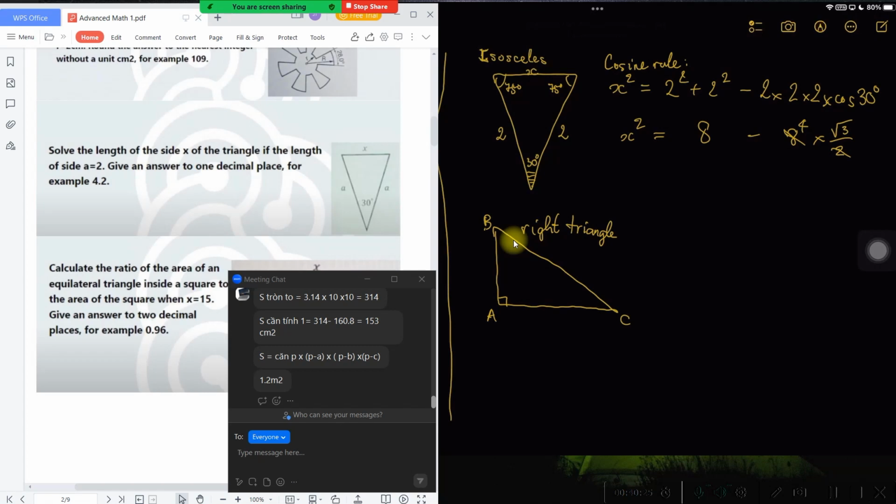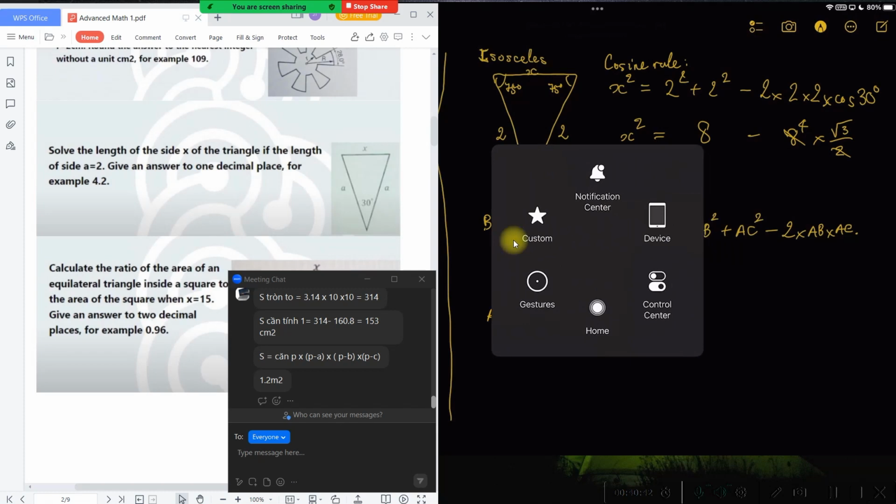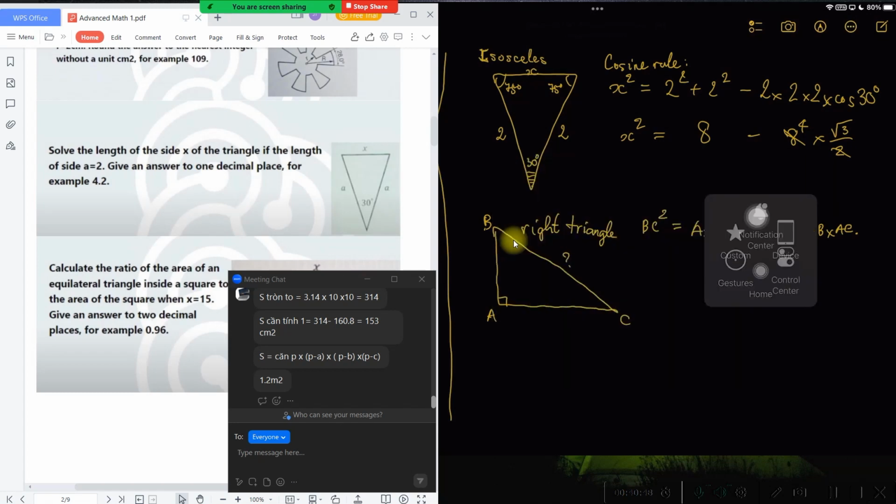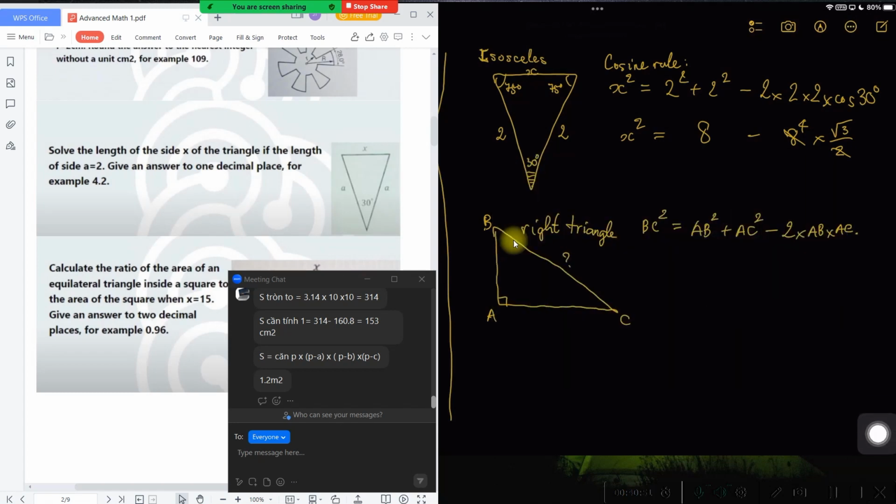So how do you find BC? BC squared is equal to AB squared plus AC squared minus 2 times AB times AC times cosine of the 90-degree angle, right?